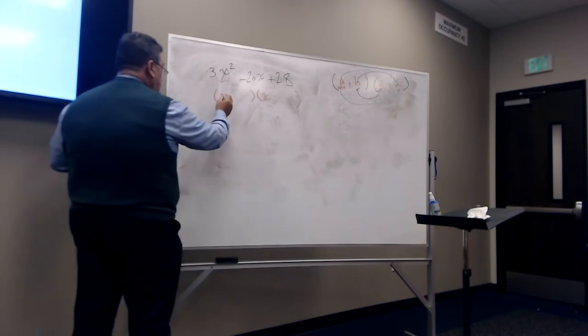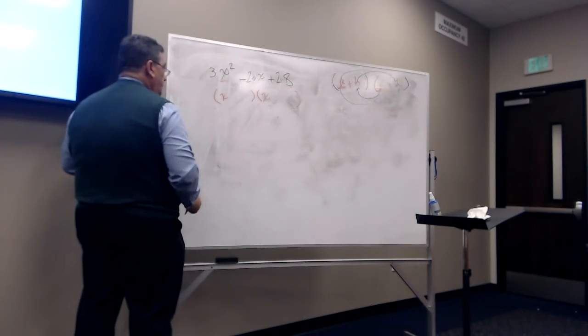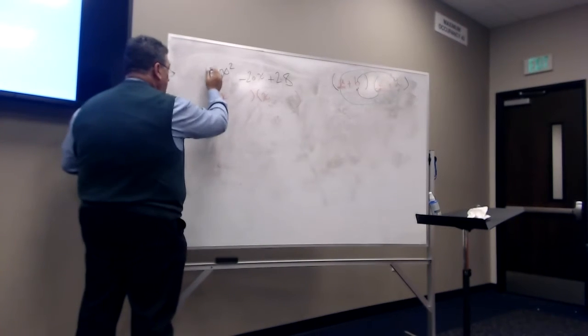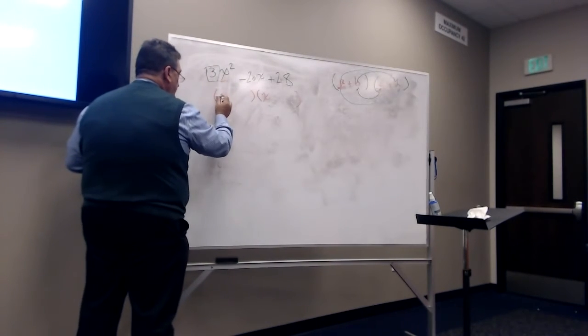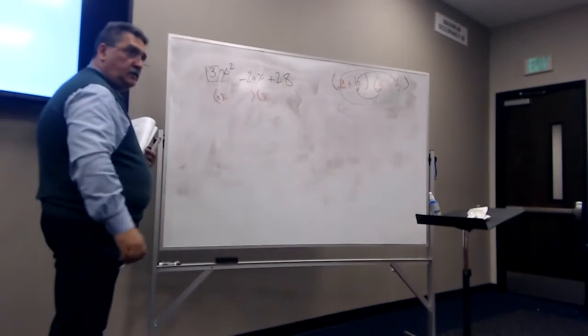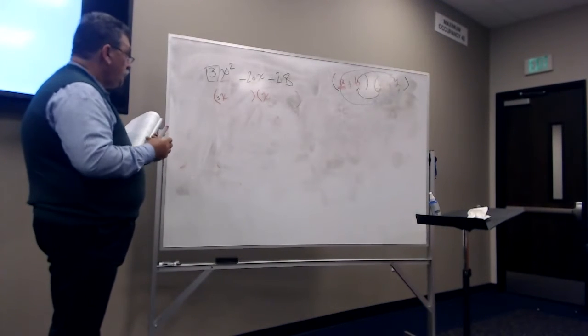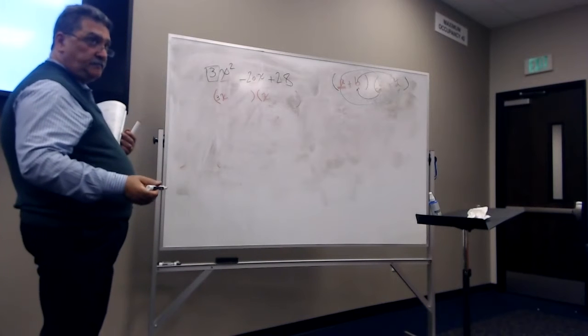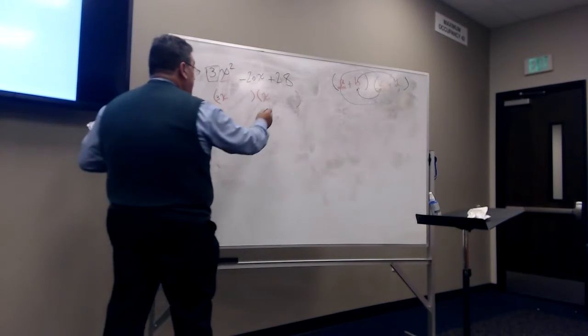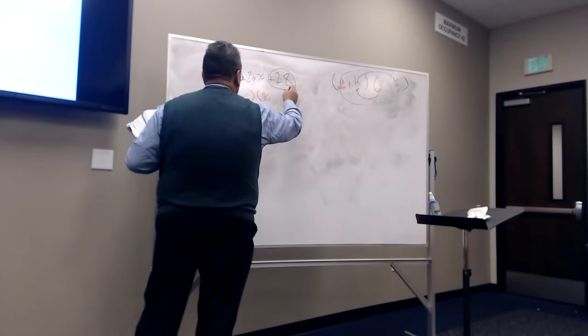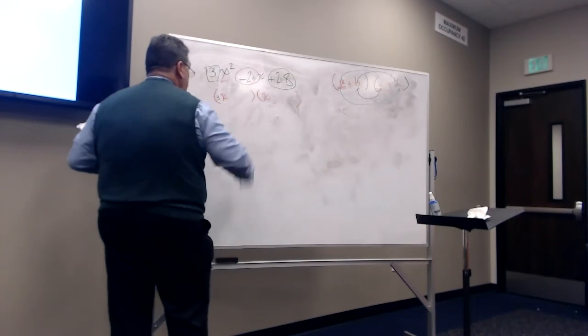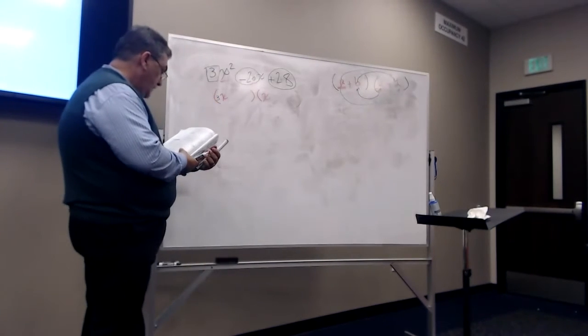Well, this is x times x squared. What else do I need? Now, you are looking for two numbers. When you multiply them, you get 28. When you add them, you get minus 20.